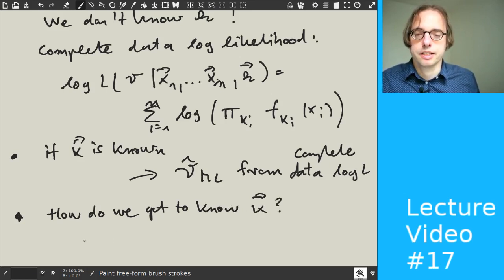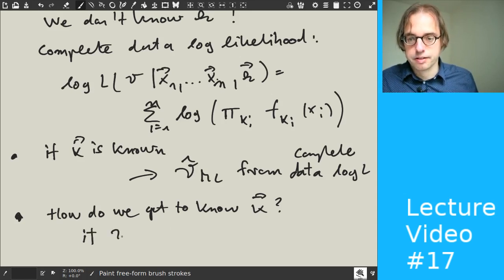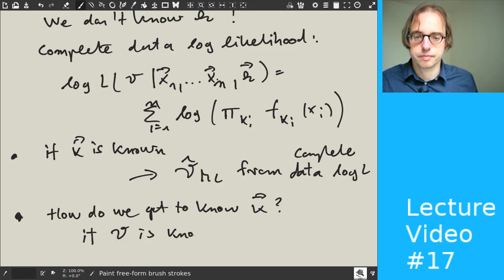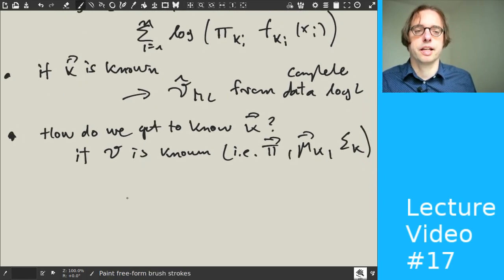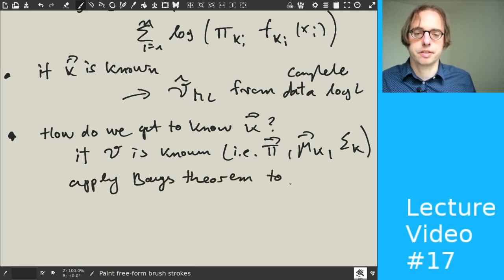So if theta is known, so if that is typically in the multivariate normal case, the vector pi, then all the means and all the covariances, then we simply have to apply Bayes' theorem to get k.